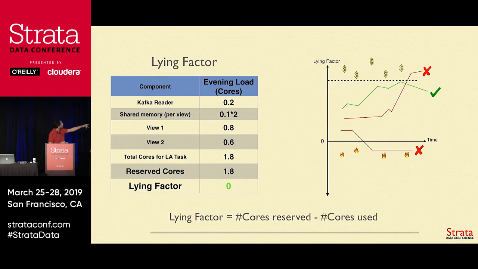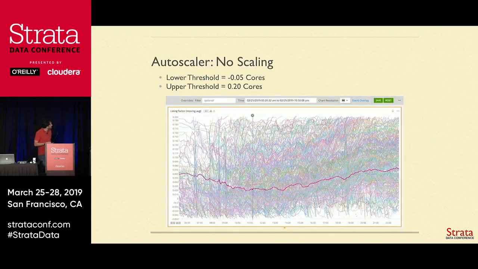Another thing over here that's worth noticing is that our autoscaling policy is based on keeping the lying factor within a band. If you're going above this line, it's a positive number, you're wasting money because you're over provisioning containers and they're not making use of those resources. But on the other hand, if you are below 0, or if your lying factor is negative, you can potentially cause fires in the system by contending for these resources.